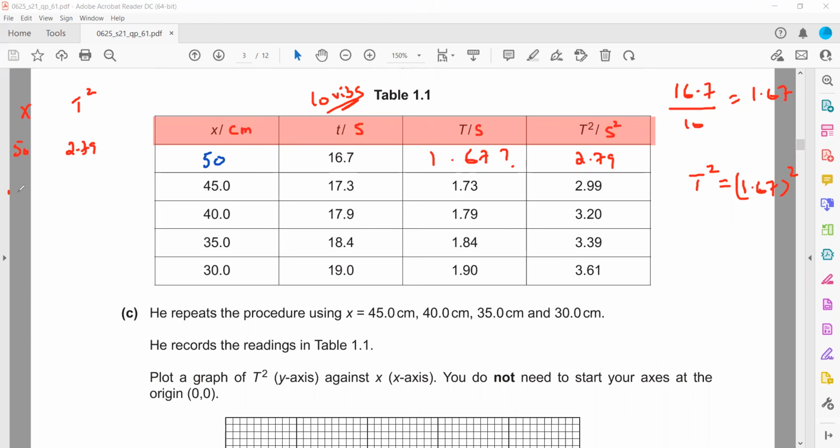When X is equal to 45, T square is 2.99. When X is equal to 40, T square is 3.20. When X is equal to 35, T square is 3.39. And when X is equal to 30, T square is 3.61.